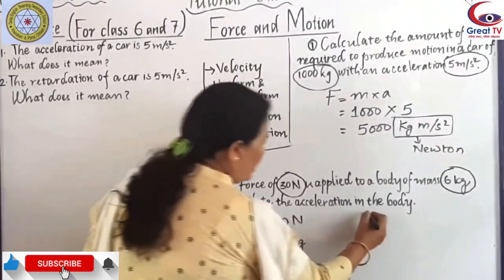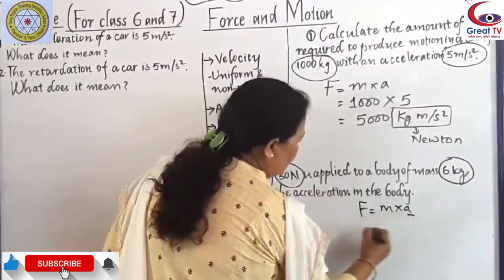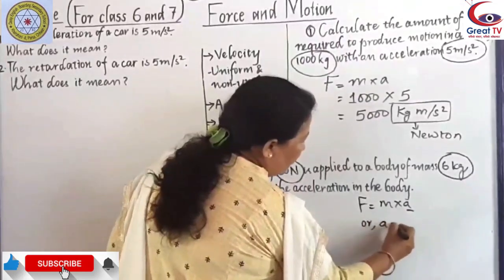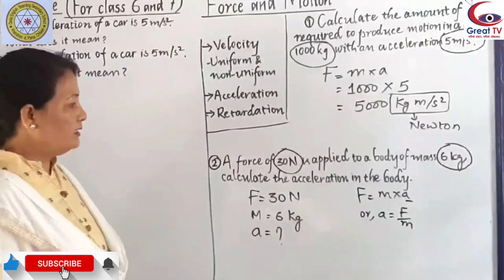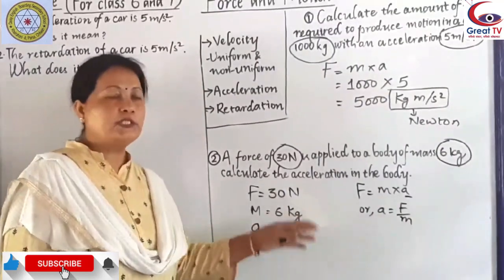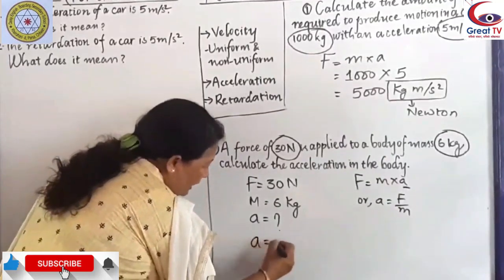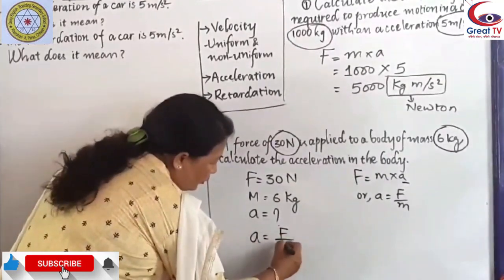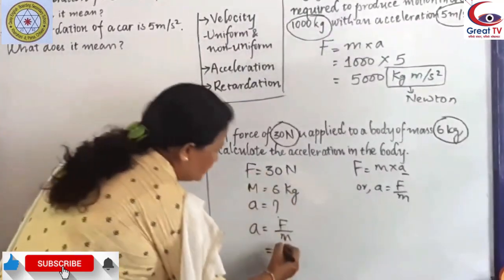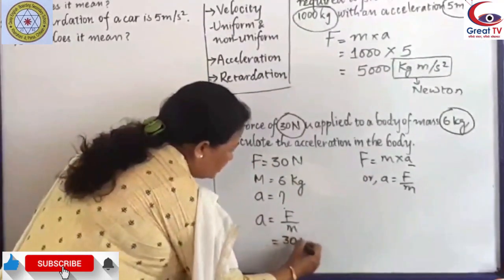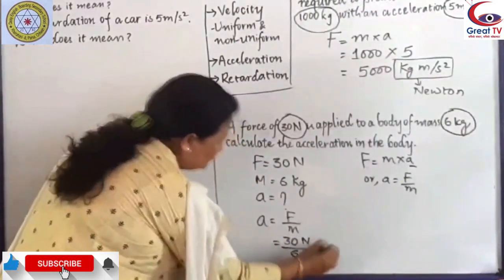We know the formula of force is equal to m into a. Now we have to write a is equal to f by m. Acceleration is equal to force divided by mass. So we apply the formula acceleration is equal to force divided by mass. That means force is 30 Newton divided by 6 kg.